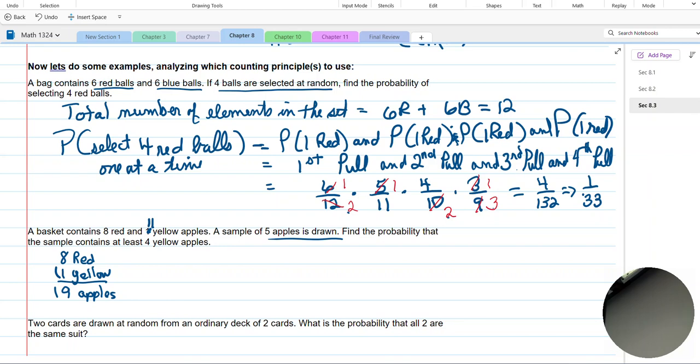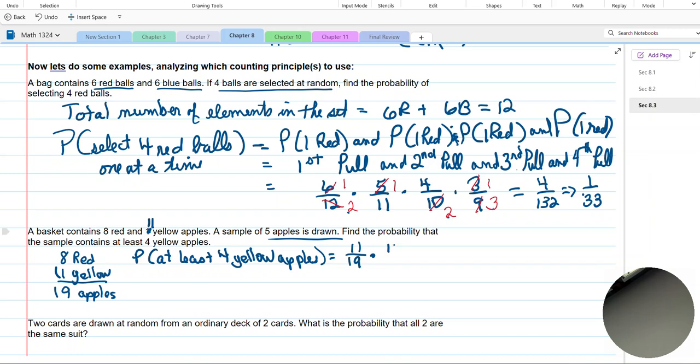All right. So in this case, we're saying at least. Here we go. So that means that we have yellows are 11. 11 out of the 19 for the first draw.